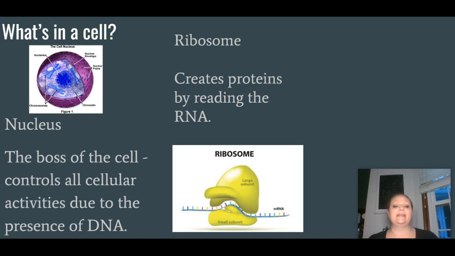For instance, the DNA is copied into RNA. RNA then goes and finds a ribosome, and the ribosome is what actually is going to determine which amino acids to put in which order and is going to create the proteins. So the ribosome's job is to create proteins. I always try to remember it by thinking ribosome sounds like ribs, and ribs are meat. Protein is found in meat.